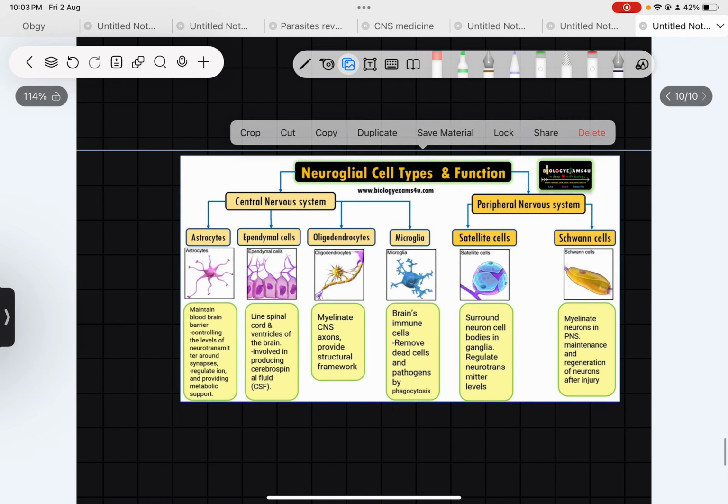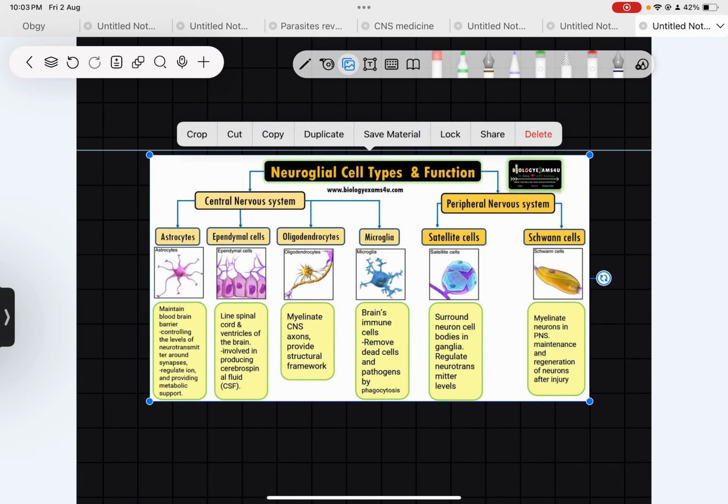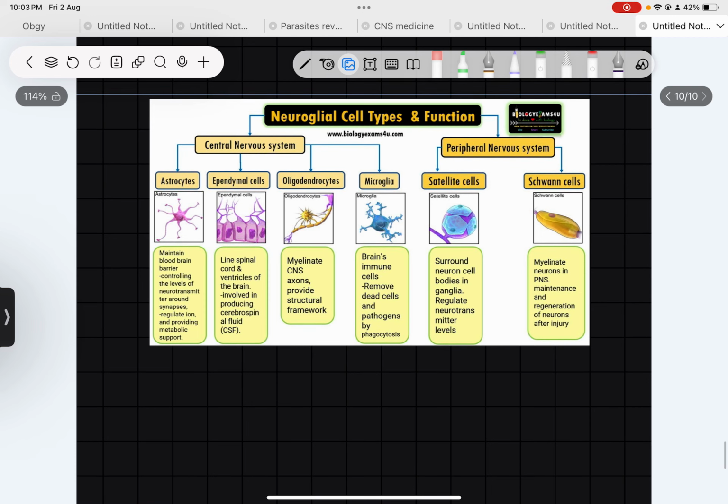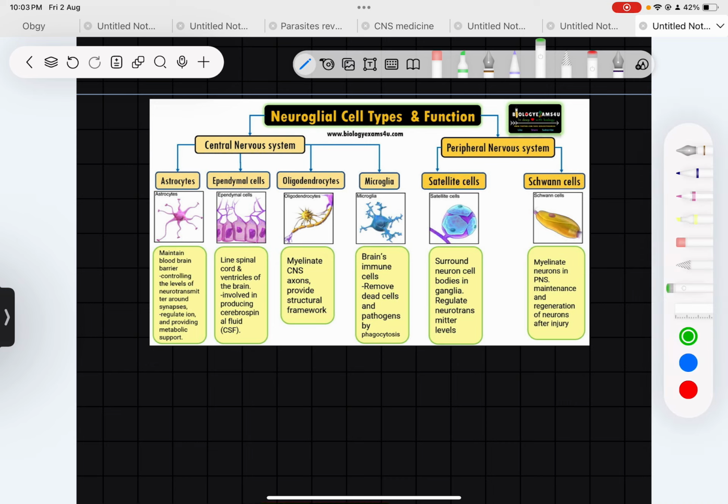So in the CNS there are four types of glial cell: astrocyte, ependymal cell, oligodendrocyte and microglia. Now we are going to learn about these glial cell tumors.